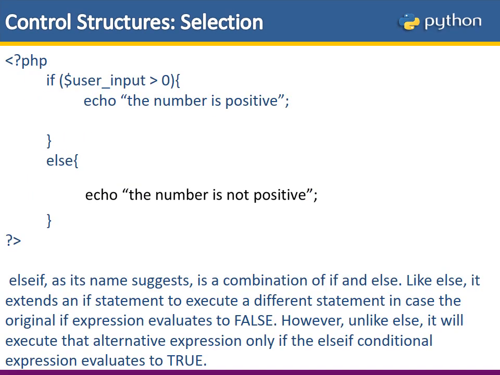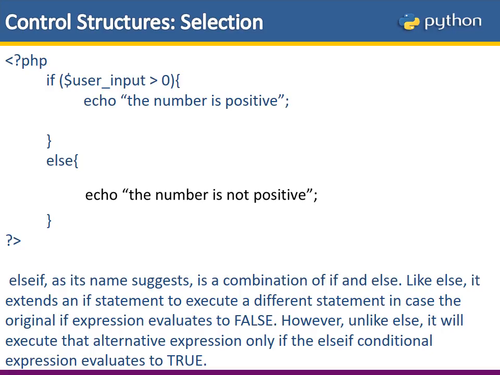So we have an example of the if else, maybe with a different condition. We have <?php, if $user_input, I said earlier, any variable will always start with the $ sign in PHP. So $user_input greater than 0, open bracket, echo.